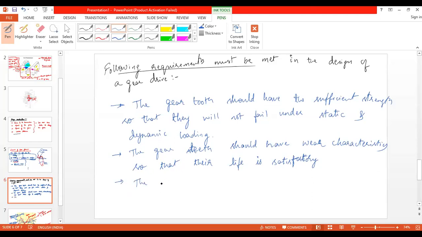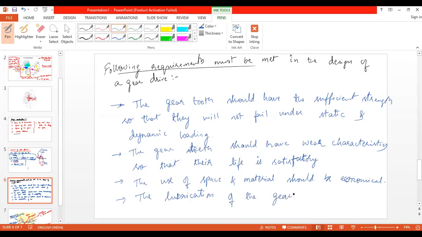And the use of space and material should be economical, and the lubrication of the gear must be satisfactory. Okay, these are the requirements that must be met once we design the gear.